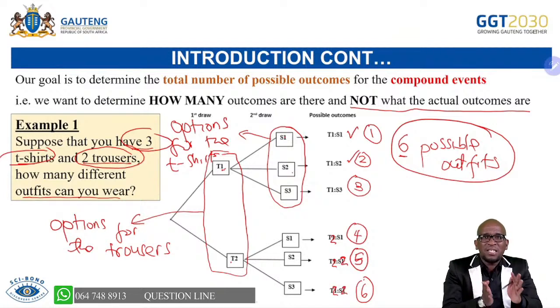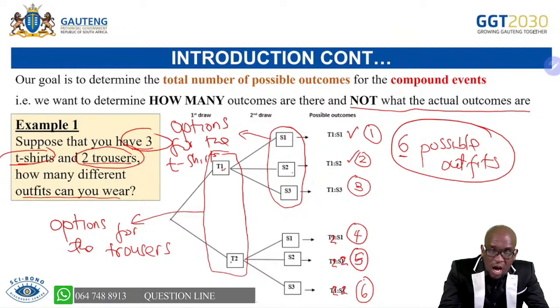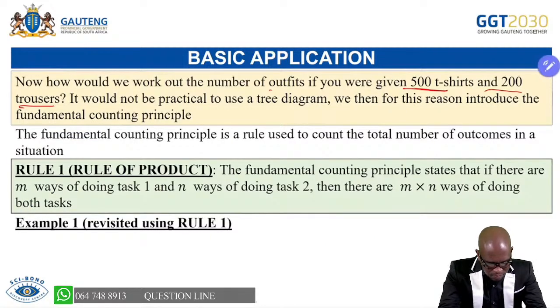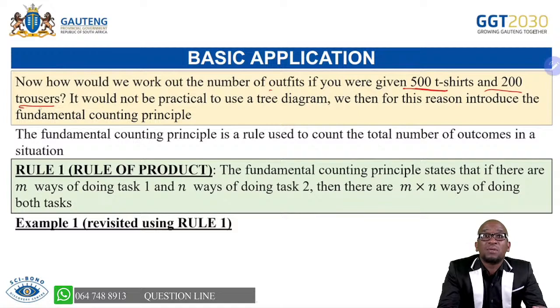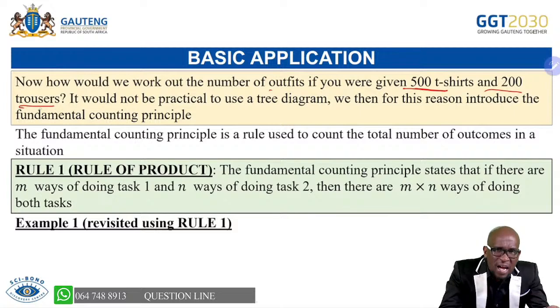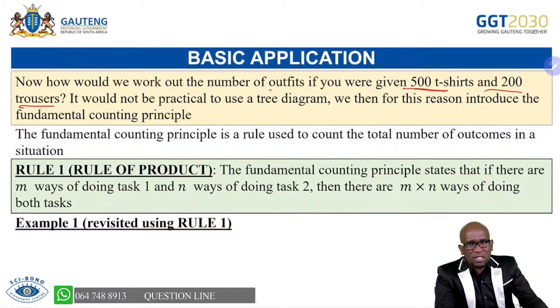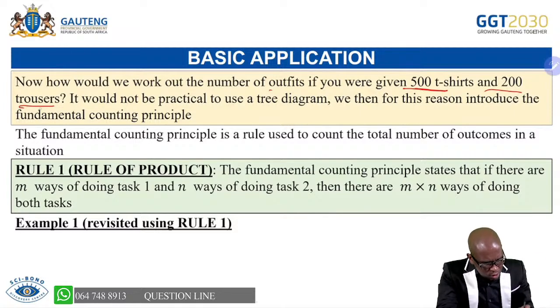But if you are given 500 t-shirts and 200 trousers, it becomes very difficult to draw a tree diagram. It is not a practical tool to use here.